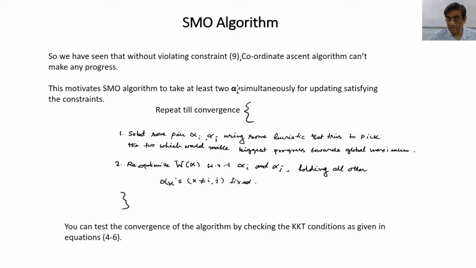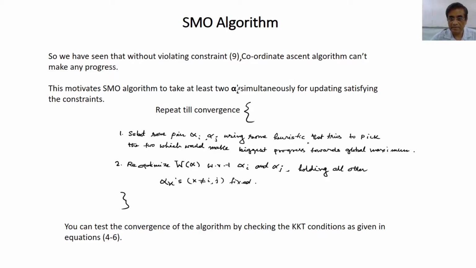And there are of course many heuristics. When you study the paper, you will see very intelligent heuristics to select alphas, but the basic idea is that we select two alphas at a time instead of one, a pair alpha i, alpha j, using some heuristic.